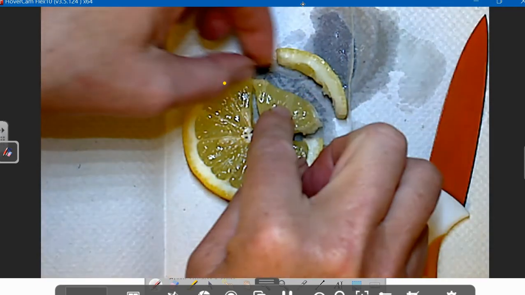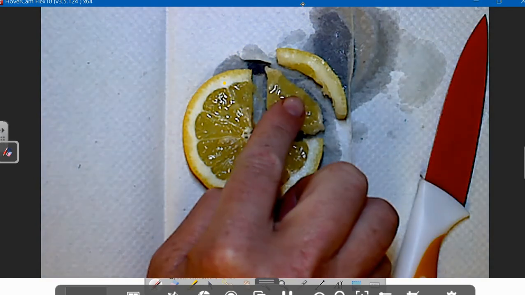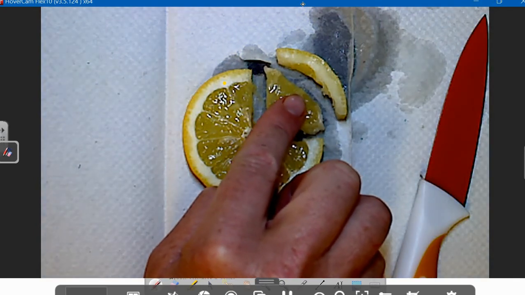And this would be considered a sector area, a piece of an area.